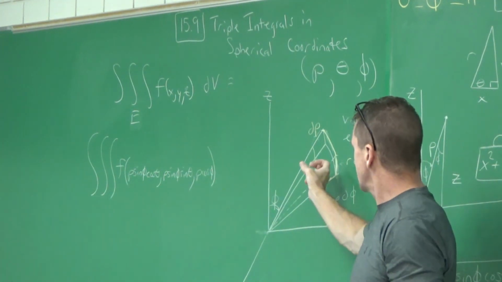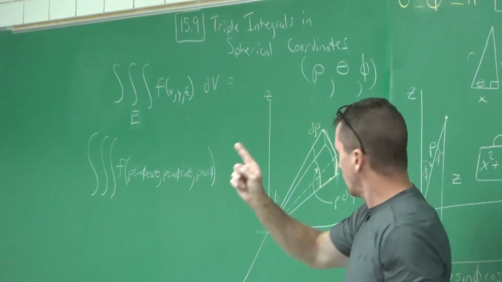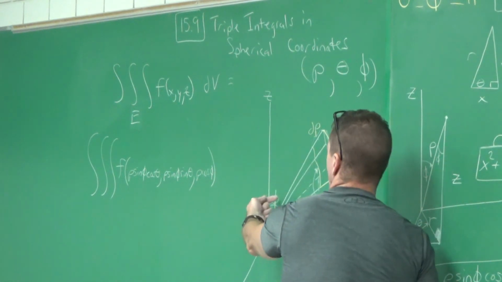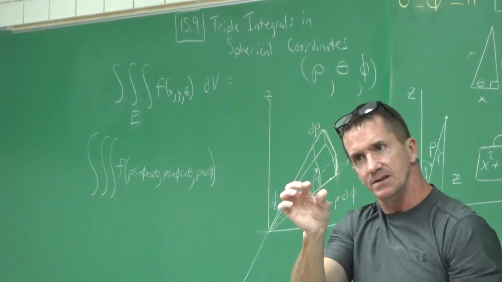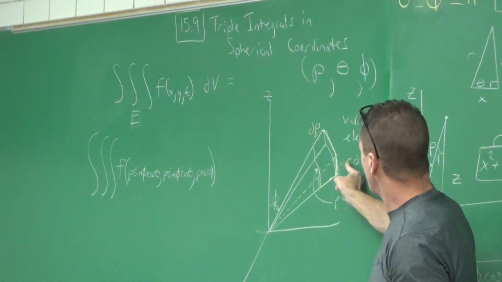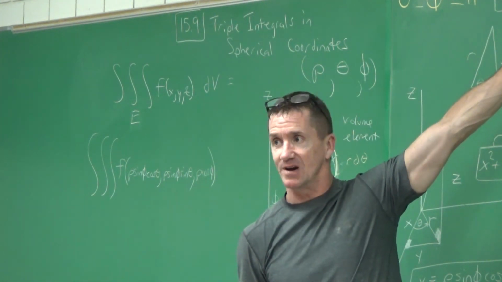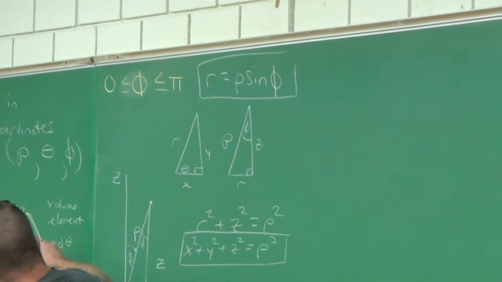It's almost like a speck, infinitely small. d rho means a really, really small part of rho. This is rho times an angle phi, but thinking of an infinitely small change in phi, d phi. But then this part was r d theta. What can I substitute for r again? What can I put in place of the r? Rho sine phi. That's that little dimension there.